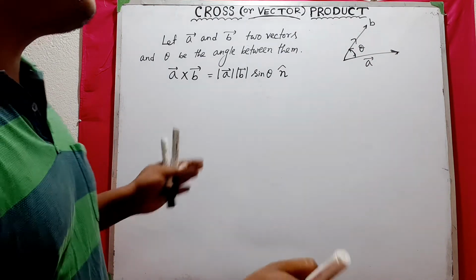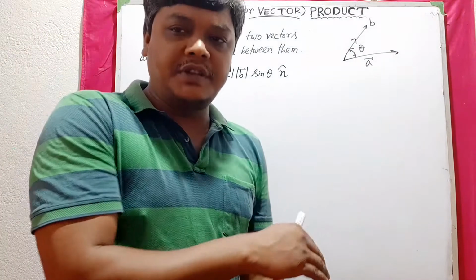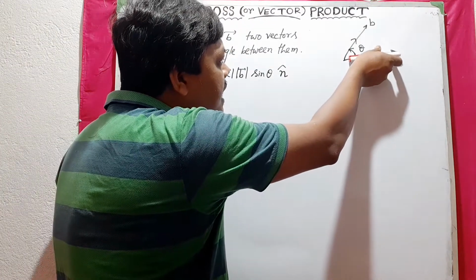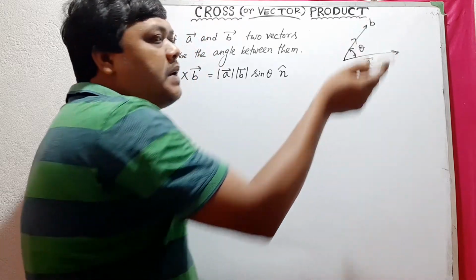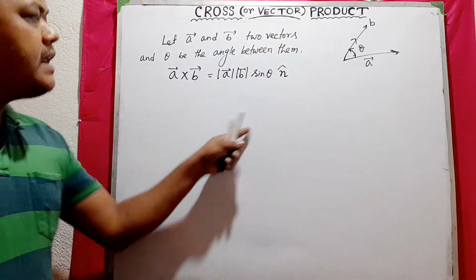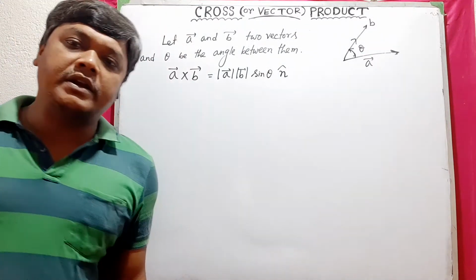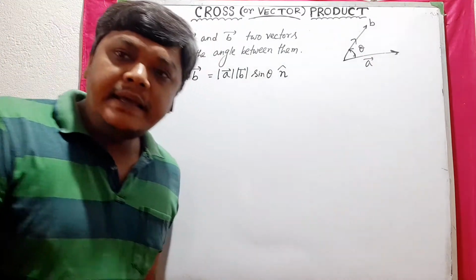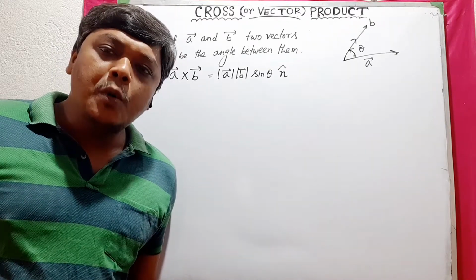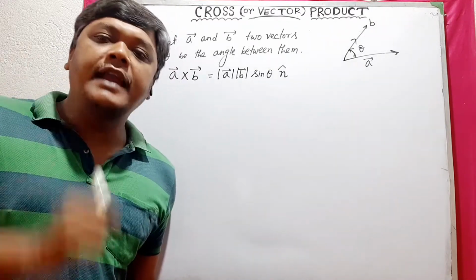Here we consider the right-handed screw system, and A cross B means A rotates towards B in the anti-clockwise direction. So n cap is the unit vector perpendicular to both A and B.